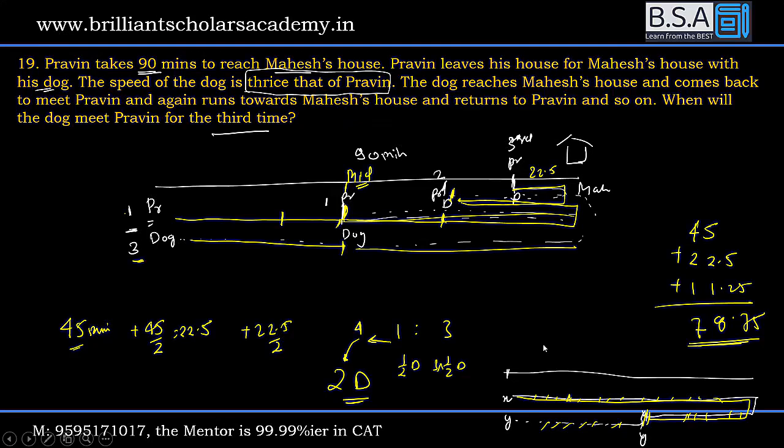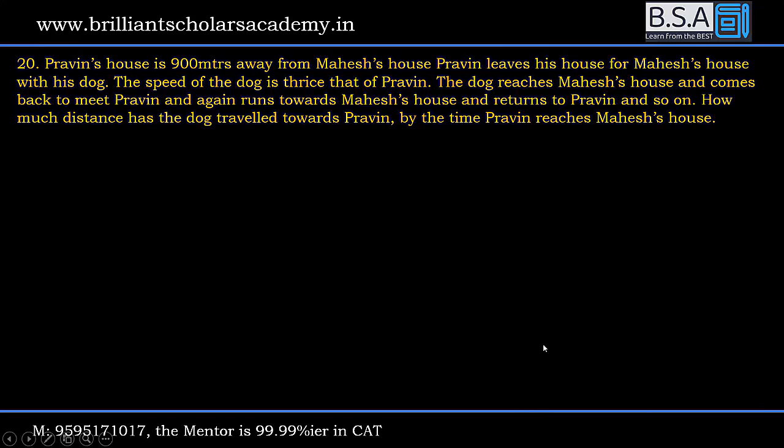चलो आगे बढ़ते हैं. Praveen's house is 900 meters away from Mahesh's house. Praveen leaves his house for Mahesh's house with his dog. The speed of dog is thrice that of Praveen.